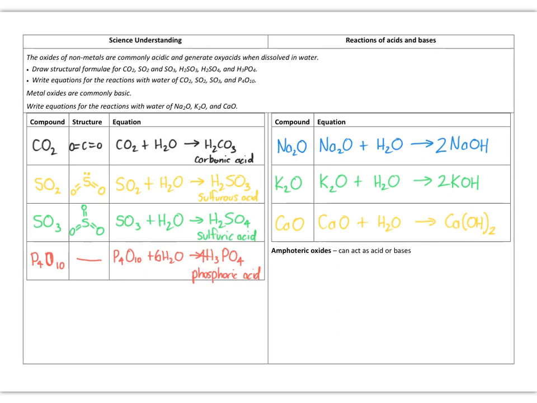These tend to be generally the metalloids. The metalloids are the ones that live on that boundary between metals and non-metals, and they can in some cases act as an acid or in some cases act as a base.